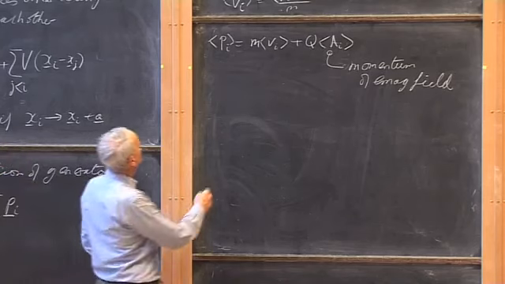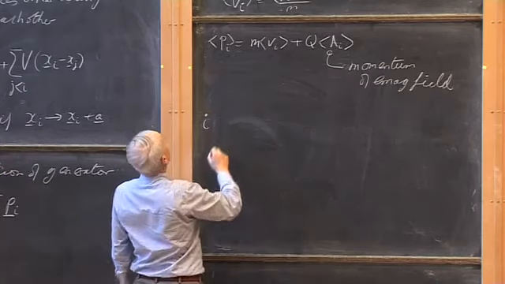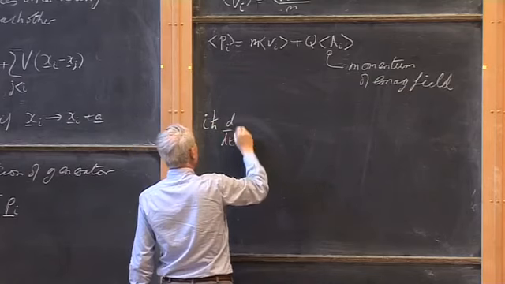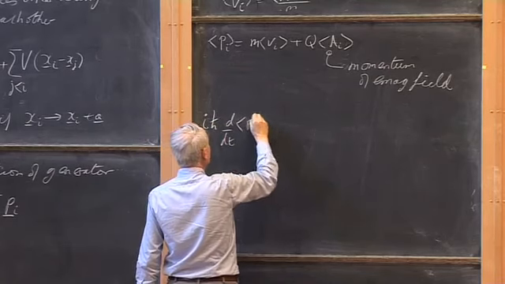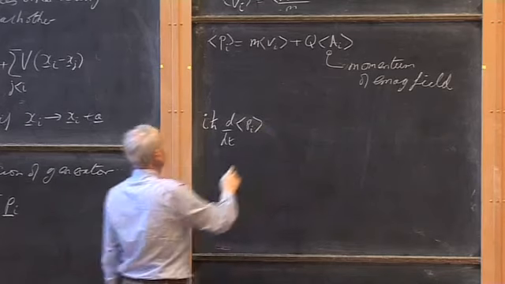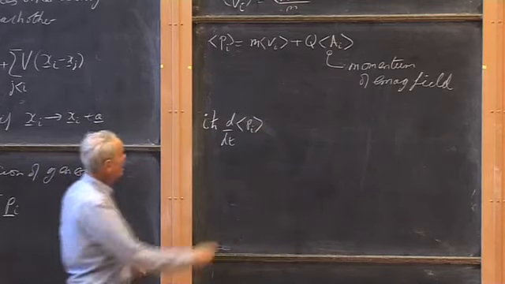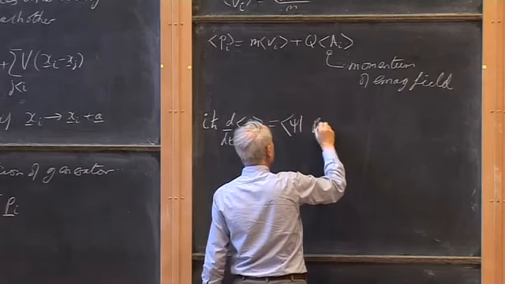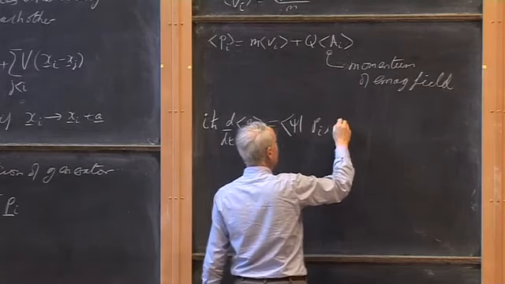Let's have a look at the other equation of motion, which is harder: d by dt of the expectation value of pi. So that is going to be the expectation of the commutator of pi with h in the state psi, but what's h?